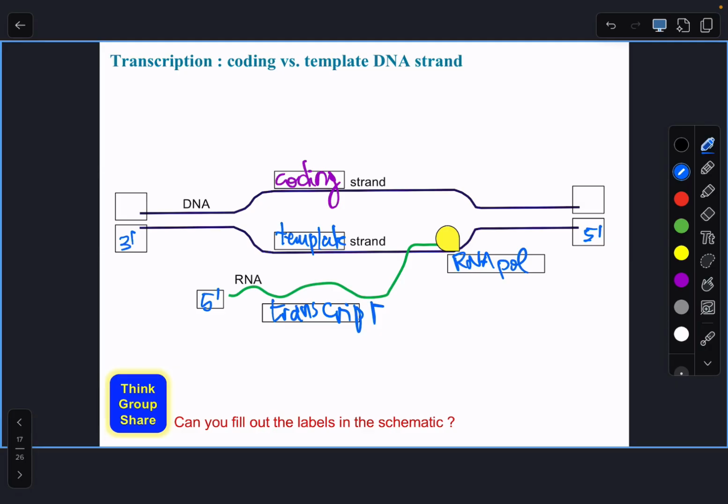So if the RNA transcript is growing in the 5' to 3' direction, it has to be by reading over a sequence that is in the opposite direction, 3' to 5' in the template strand. And what is the orientation of the coding strand then? 5' to 3', the same as the transcript itself.